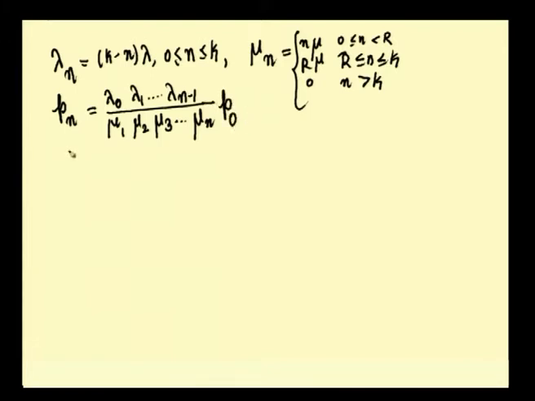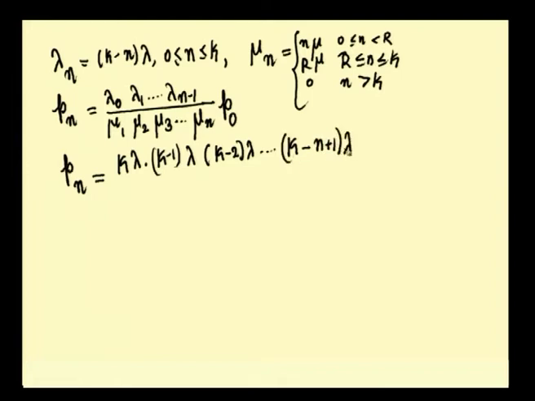Now when you plug in these values for this model, when n is 0, you start with k times lambda, into, when n is 1, for lambda 1 we have k minus 1 into lambda, when n is 2 we have lambda 2 as k minus 2 into lambda, and so on. The last term, lambda n minus 1 in the numerator, will become k minus n plus 1 into lambda.